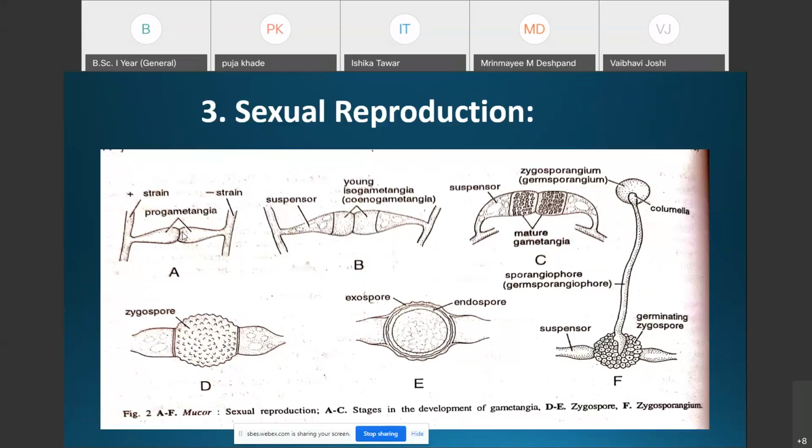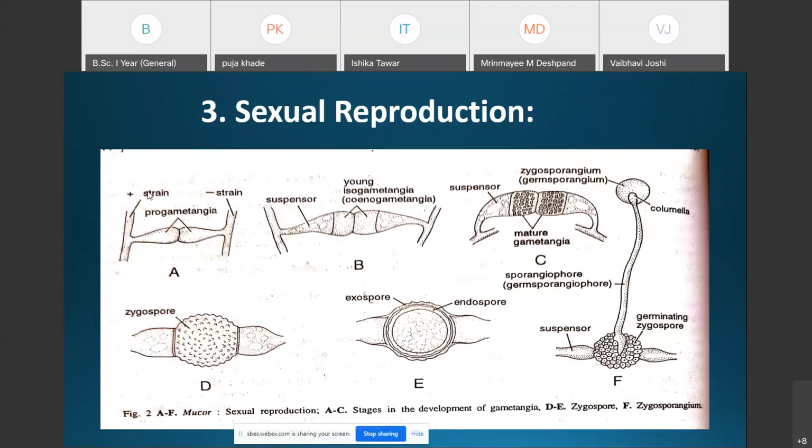But most of the species are heterothallic. In such species, the zygospores are formed only when the mycelia of two strains meet. Here you can see that in most species of Mucor, the mycelia of the two strains, the positive strain and the negative strain, fuse with each other. That means the mycelia are developed from two different sporangiospores.